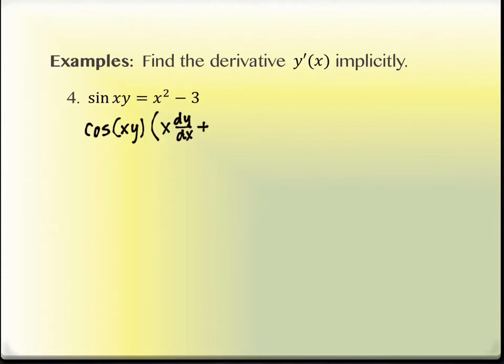Product rule has addition between them. Then I need the derivative of x, which is 1 times y. So that's the product rule part of the derivative. On the other side, derivative of x squared is 2x, and the derivative of the negative 3 is 0.